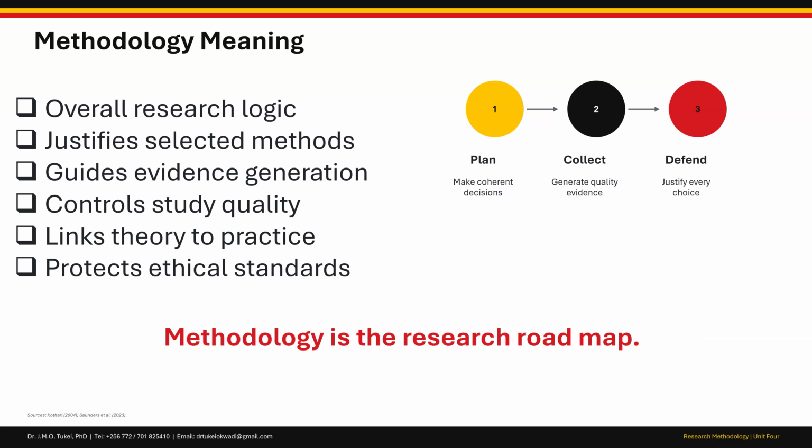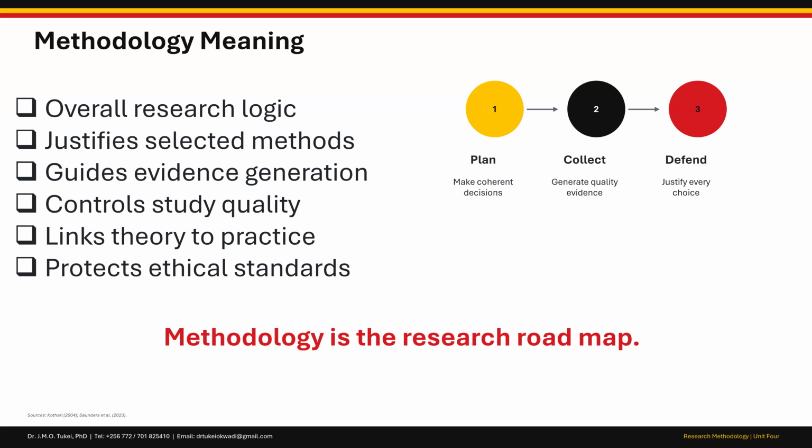I'll give you an example. A survey is a method; the methodology explains why the questionnaire fits the objectives, how it will be administered, how it will be pre-tested, and how the data will be analyzed.